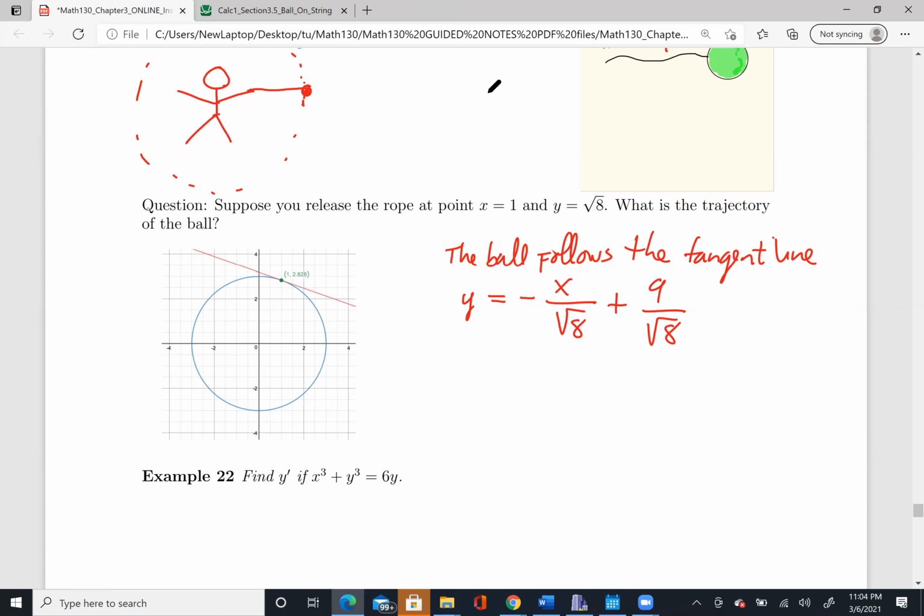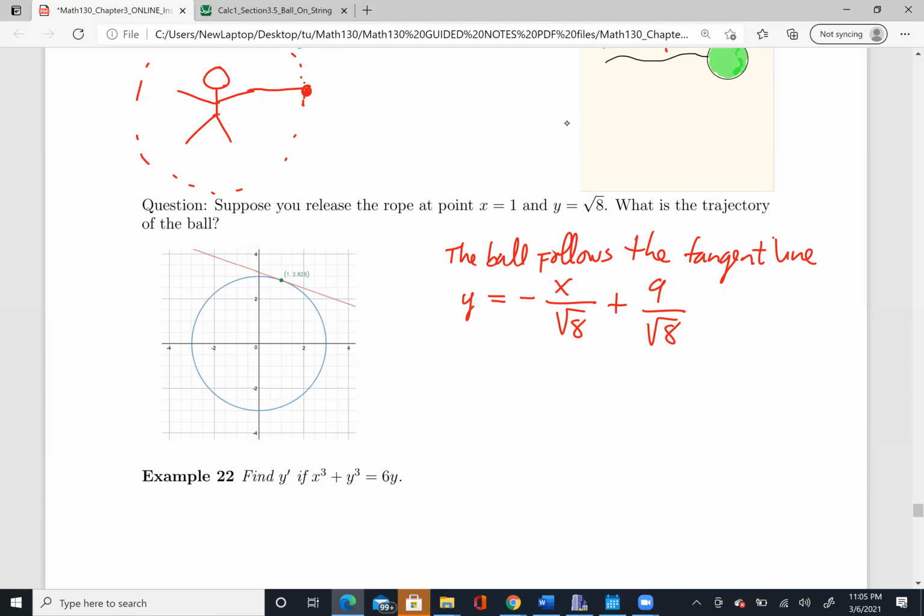What else? Oh, okay, yeah, because the question says, what is the trajectory of the balls? It actually means what the ball is going to follow. How can you know the way the ball is going to go?